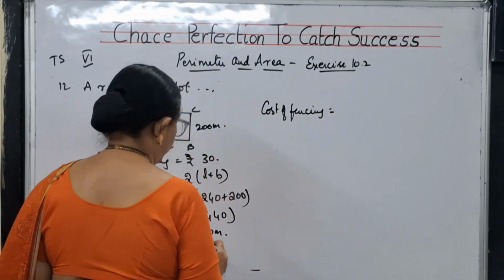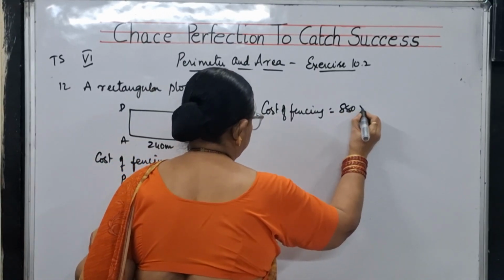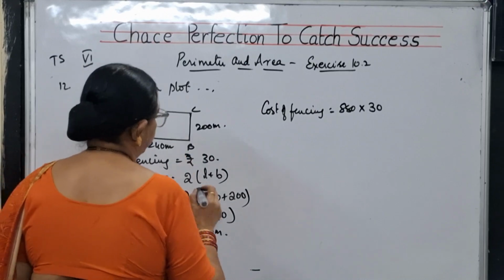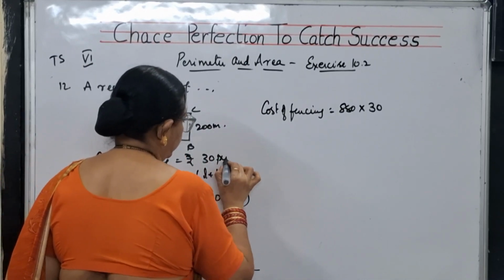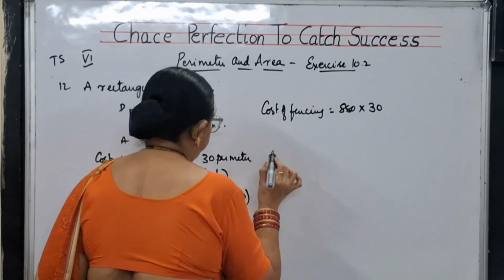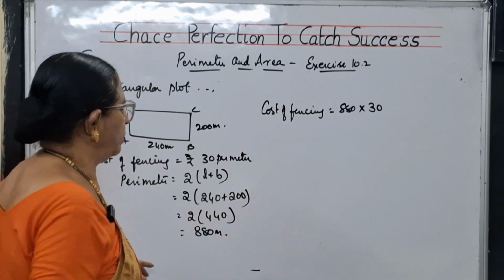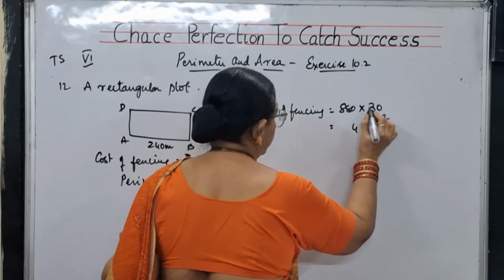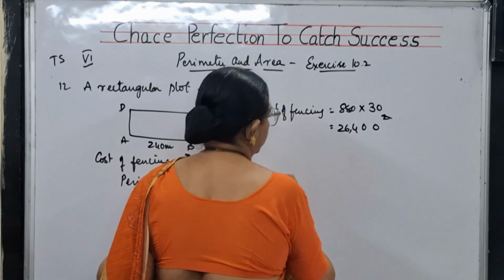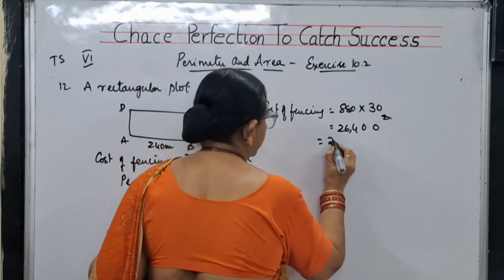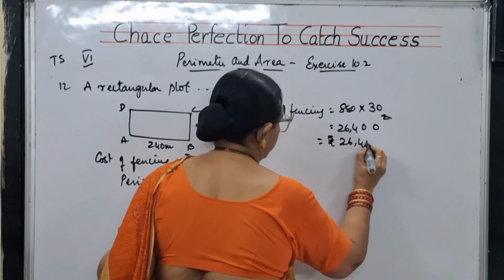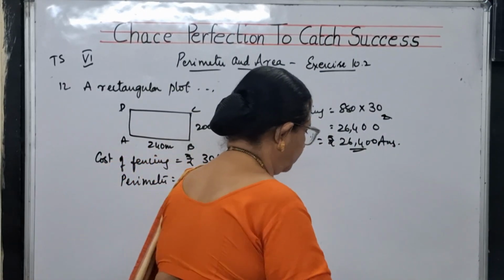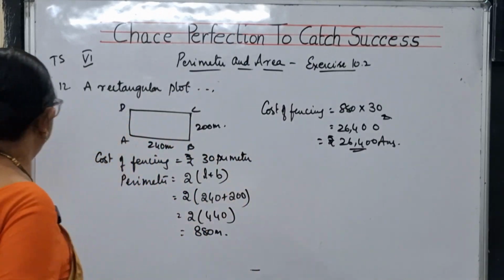Cost of fencing is 880 meters into 30 because cost of fencing is rupees 30 per meter. For 1 meter 30 rupees. 880 meters how much? 3 8s are 24, so cost of fencing is rupees 26,400 is the answer for this problem, children. Please copy it.